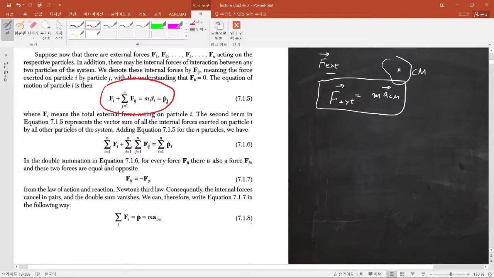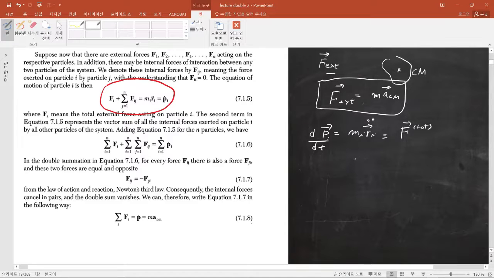So Newton's second law gives you p_i dot, which is m_i r_i double dot, equal to the force F_i, but here F is the total.